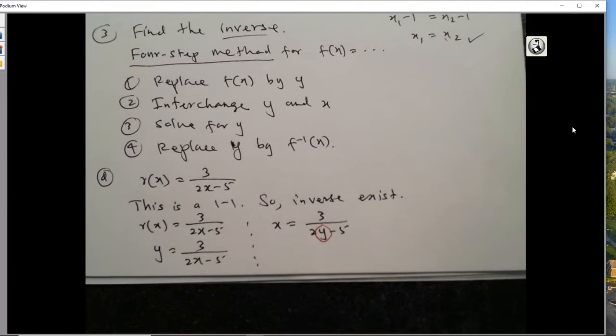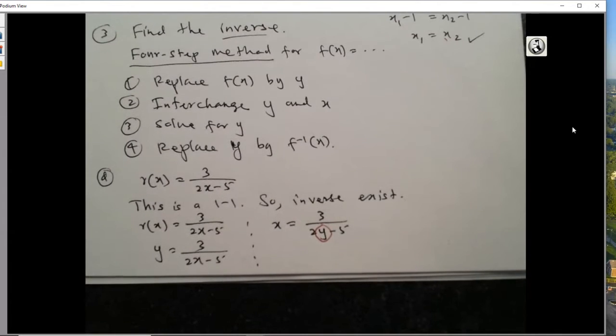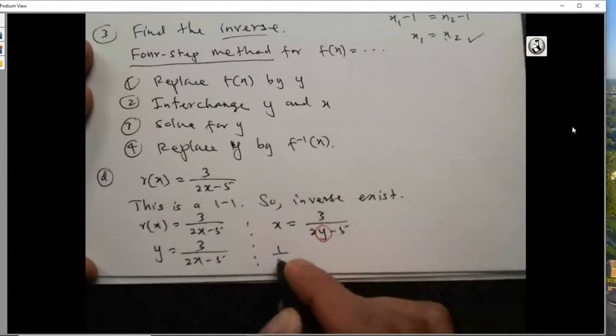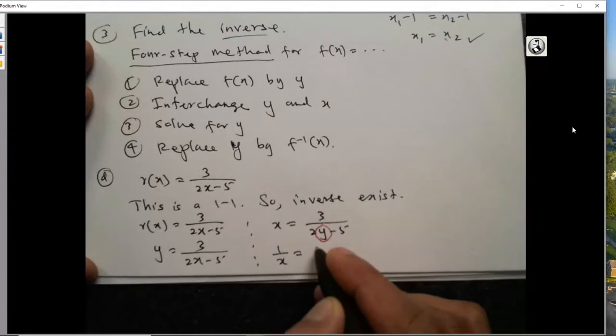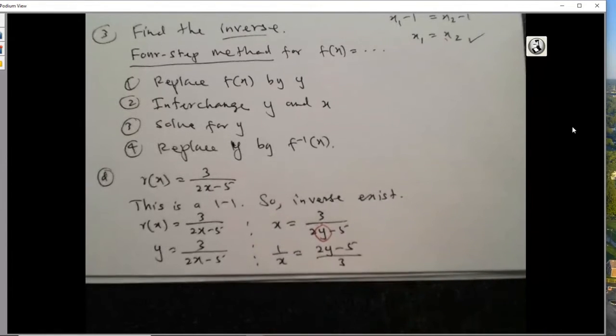One method is to cross multiply. The other method, which I'm going to do, is to flip over. It's much faster. Once you flip, this is going to be 1 over x equals 2y minus 5 over 3. Now you can see y is on top, so it's much faster.